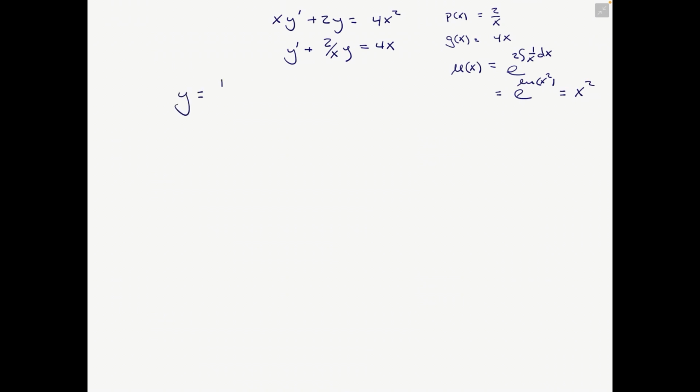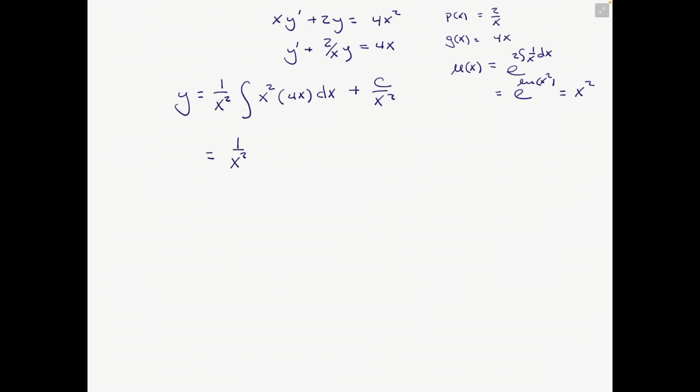So y equals 1/x^2 times the integral of x^2 times 4x dx, plus c/x^2.